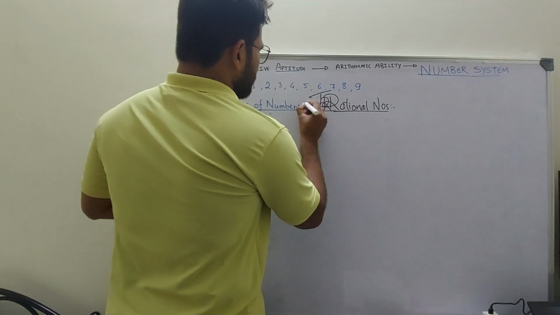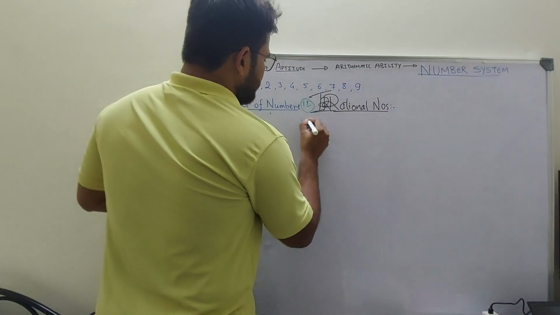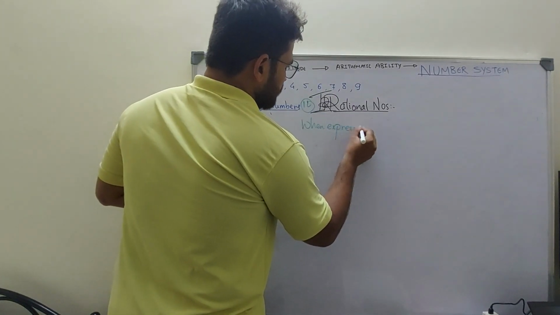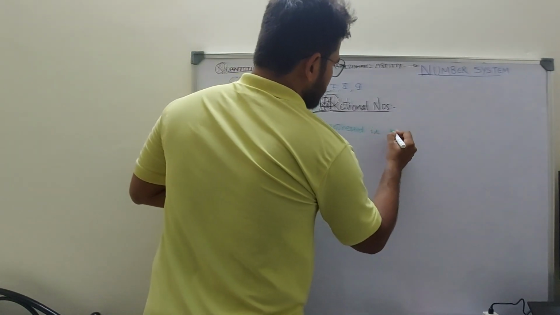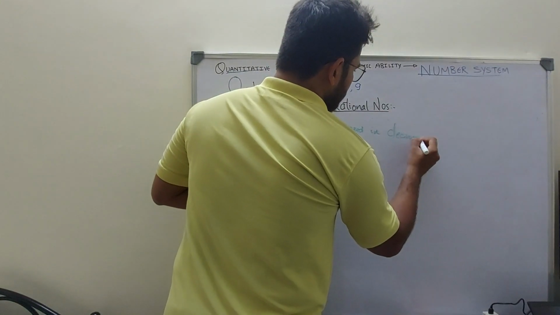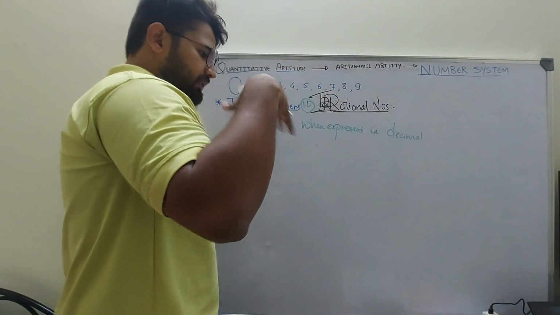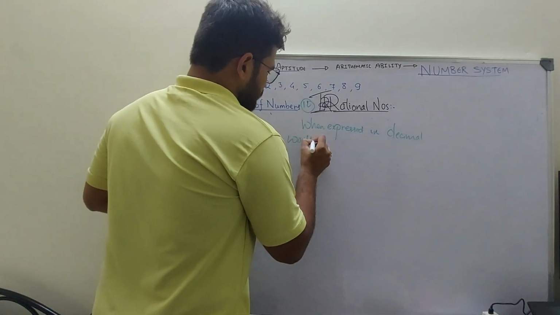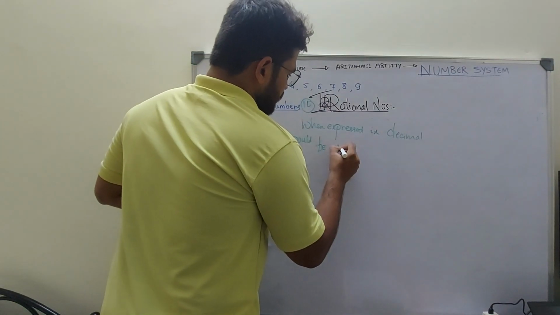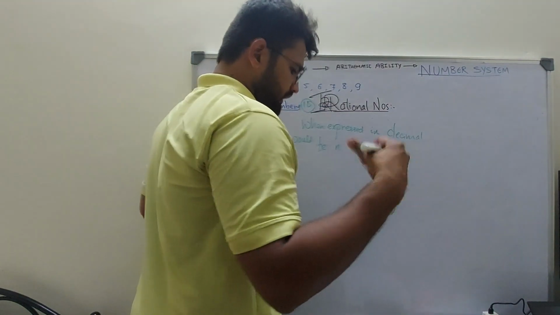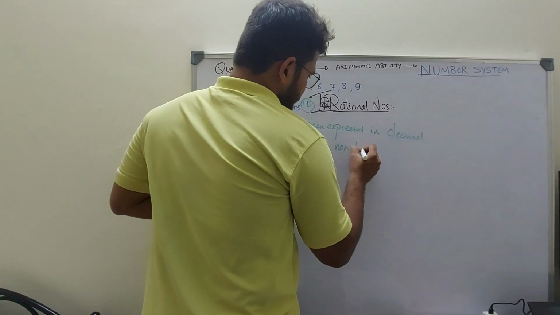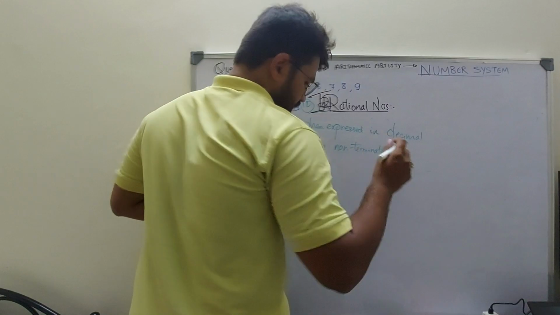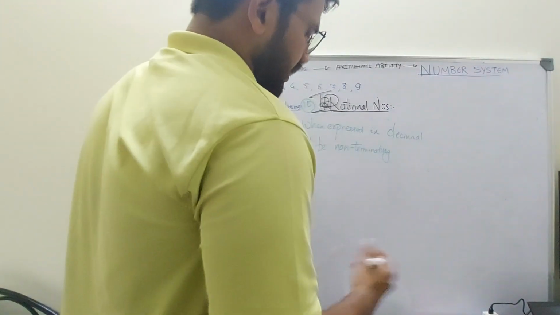Irrational numbers are the numbers which, when expressed in decimal, would be non-terminating and non-repeating.